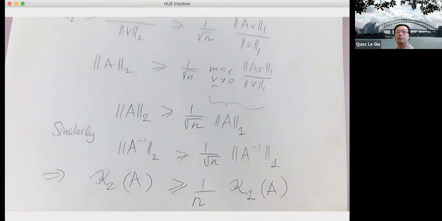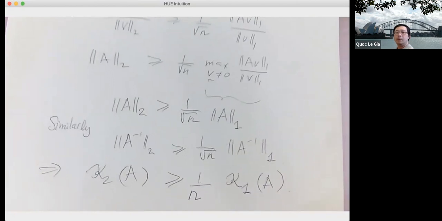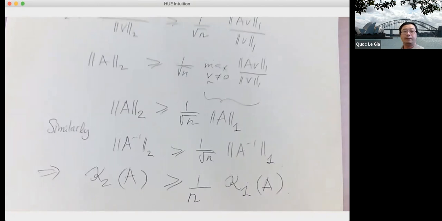Okay. So is it understandable? This one is just linear algebra, but another twist with the definition of the norm of the matrix. Any questions so far? No questions?